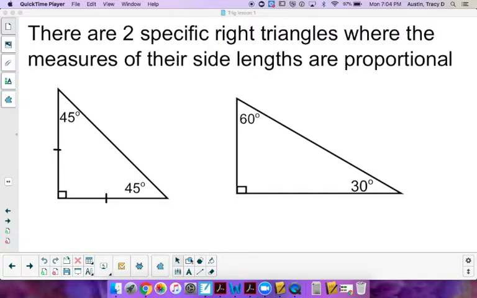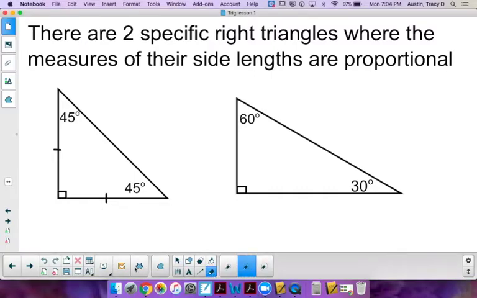Okay, and the proportion that it goes with is that whatever measure these two sides are, be it n, be it x, be it 2, whatever it is, right, the hypotenuse, the longest side, is that measure times the square root of 2.